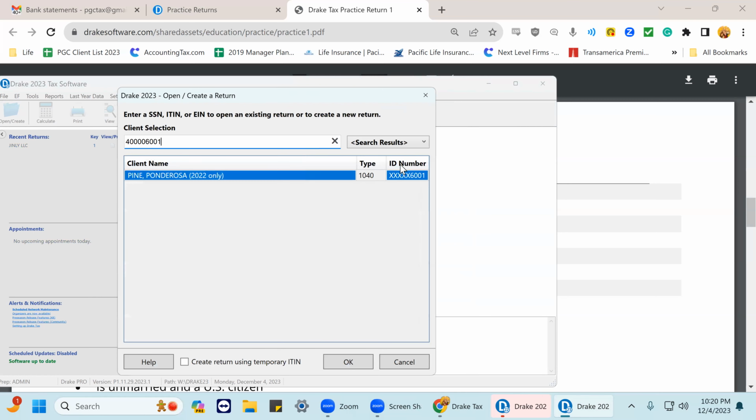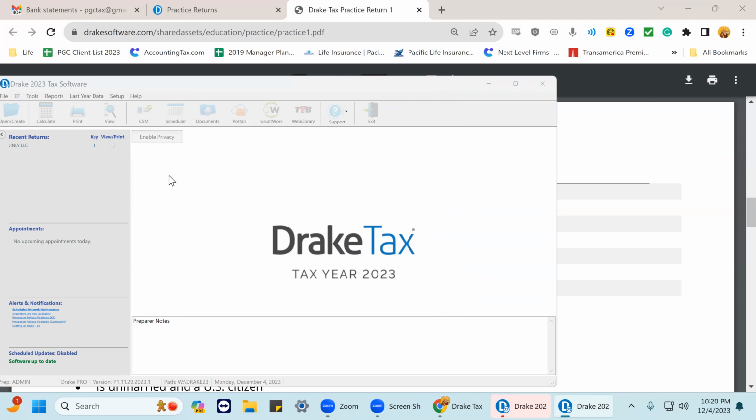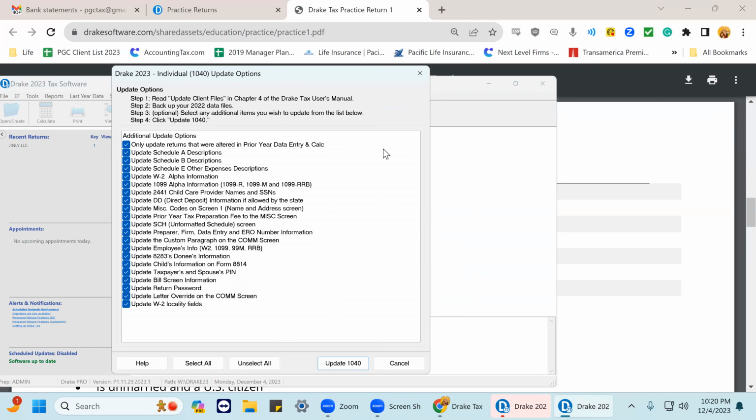Paste it. Do you see? The reason is that year after year they do a training, and they change some numbers. Because it is in my 2022 tax software, I'm going to get smarter, so I'm going to check all of them.